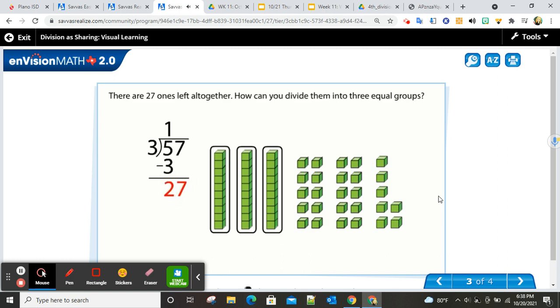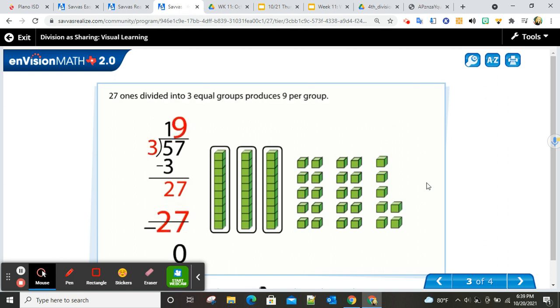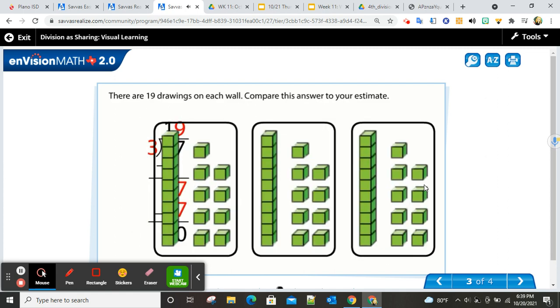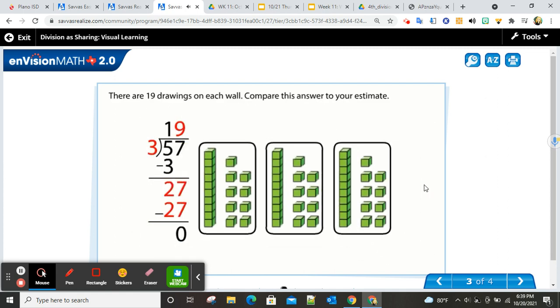There are 27 ones left altogether. How can you divide them into 3 equal groups? 27 ones divided into 3 equal groups produces 9 per group. There are 19 drawings on each wall.